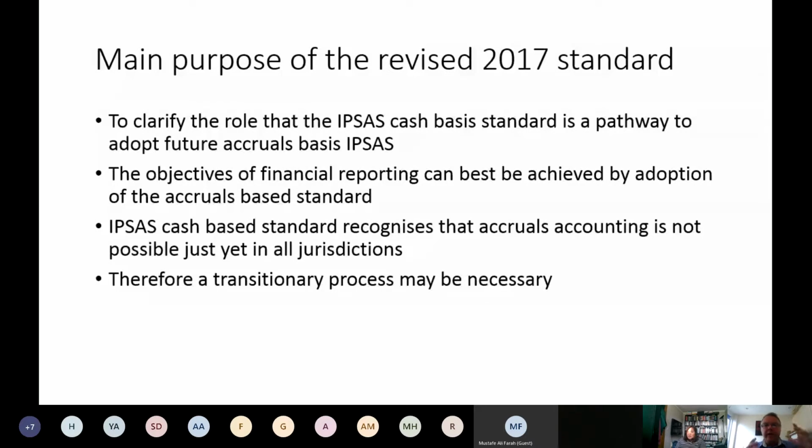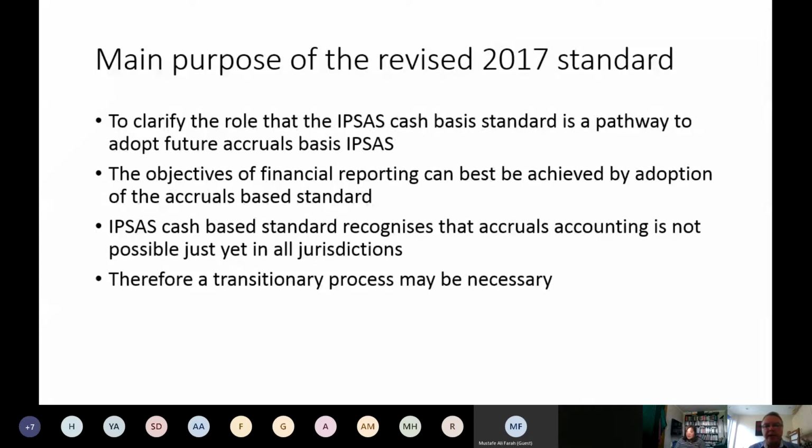So in other words, it came out in 2003 to give you guidance on the cash accounting. It's been updated 2006, updated 2007, part 1, part 2, and now you're moving towards future accruals accounting. And that's what the update in 2017 is all about. It's going to get everybody ready, moving towards eventually the accruals accounting.